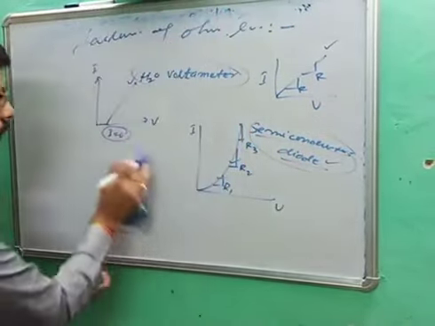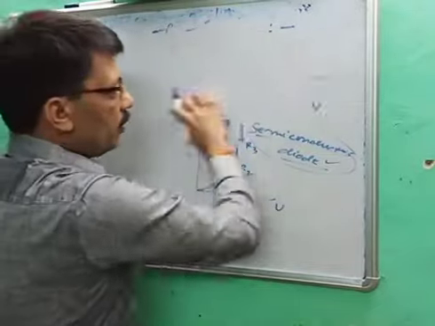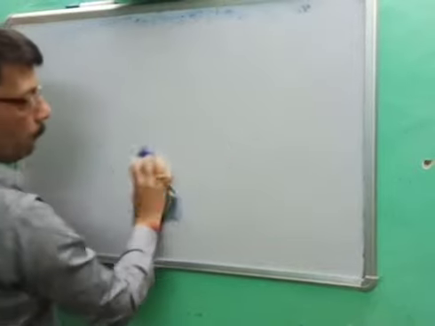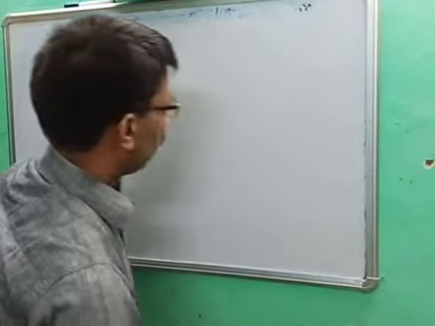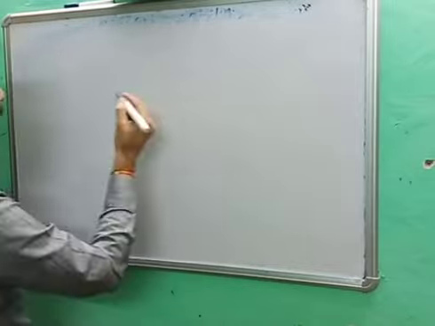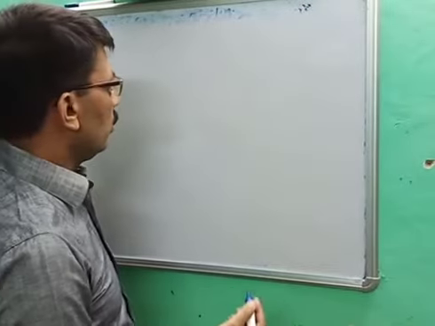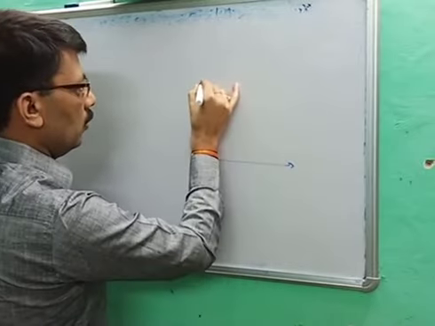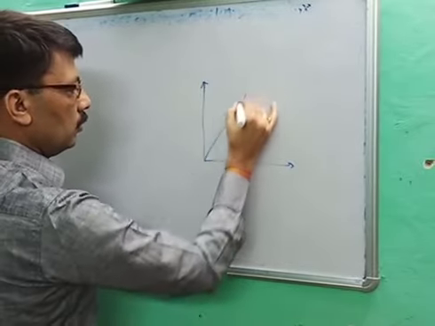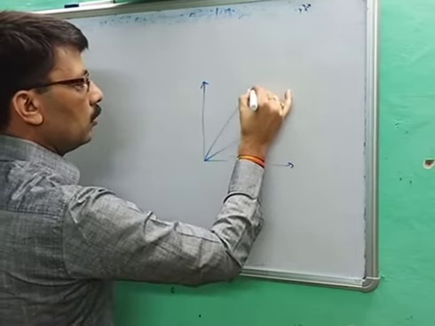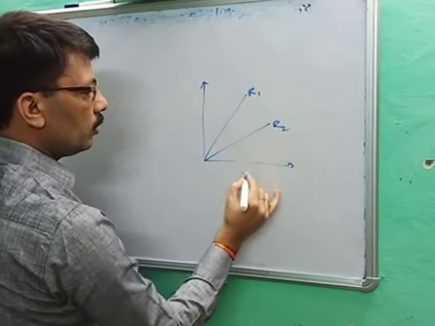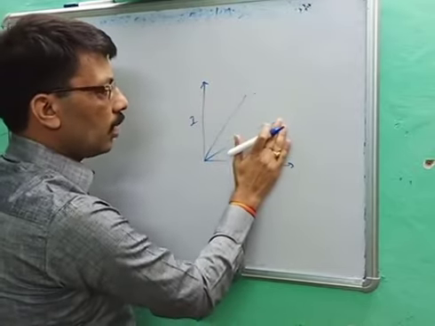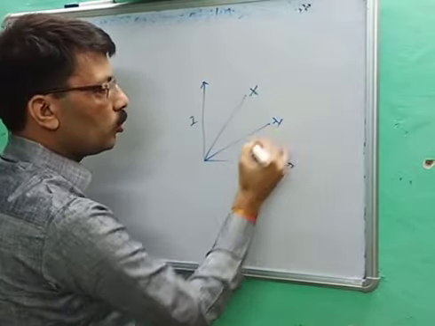Okay, now see some conceptual questions based on Ohm's law. Let us suppose you are given this: R1, R2, this is V and this is I. And let's suppose this is not R1, R2, this is X and Y. Two conductors are given.